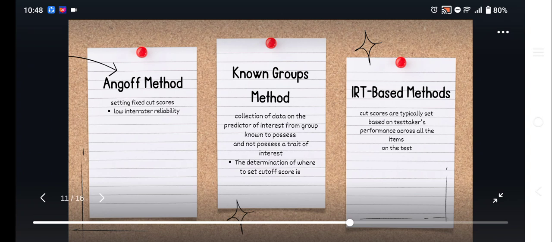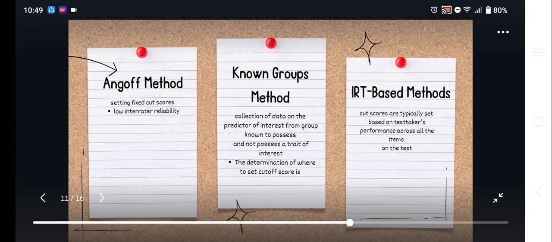So, this is a method for setting cut scores. We have the Angoff method. It is a method for setting fixed cut scores that can be applied to personnel selection tasks, and second, to questions regarding the presence or the absence of a particular trait, attribute, or ability.